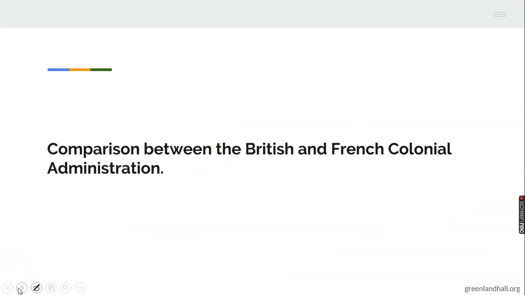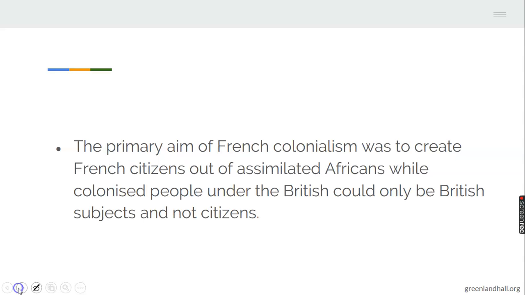Then let us look at the comparison between the British and French colonial administration. Another subtopic. Let us compare them. The primary aim of French colonialism was to create French citizens out of assimilated Africans.